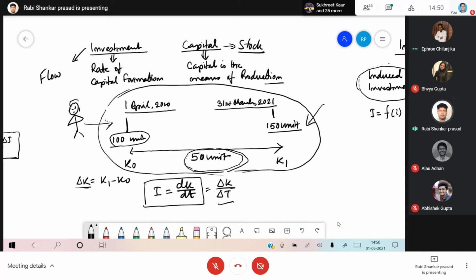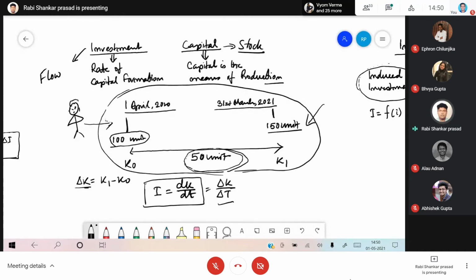So how much capital you formed during that time period, that amount is known as investment. You invested that much amount during a period. In other words, investment is also known as the rate of capital formation.